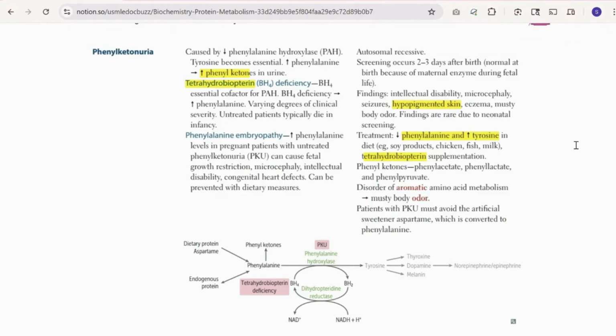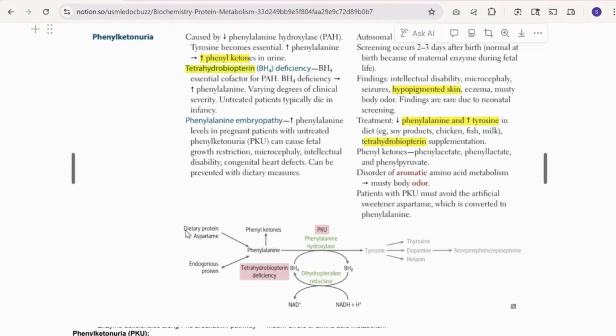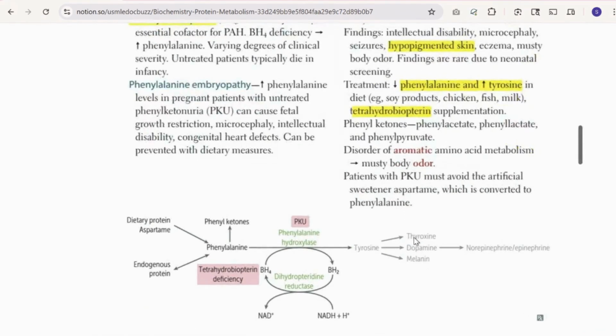The musty body odor is because everything is being shunted to other parts of the metabolism, etc. So you see, tyrosine is not able to do any of this. One thing that tyrosine makes is T3 and T4. Tyrosine undergoes iodination to make T3, T4. So if that is lost, you're not going to have any of these major hormones, and obviously developmental delay.